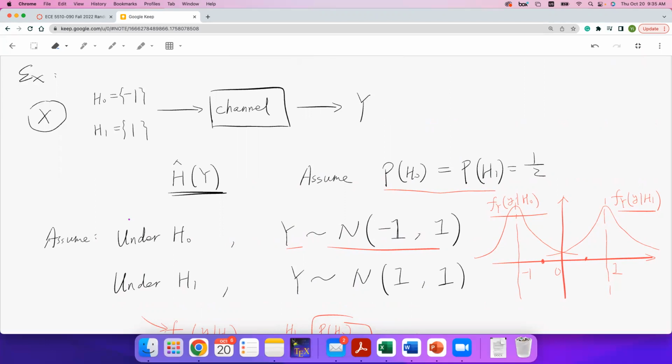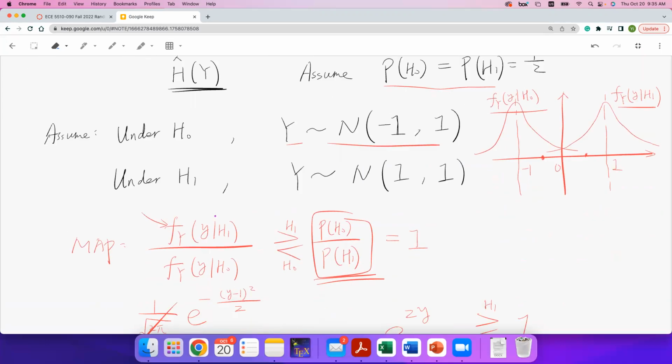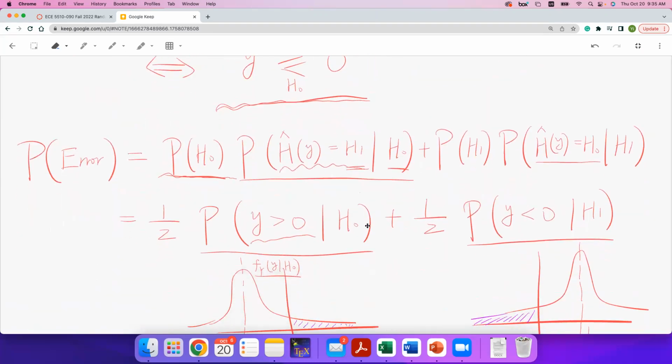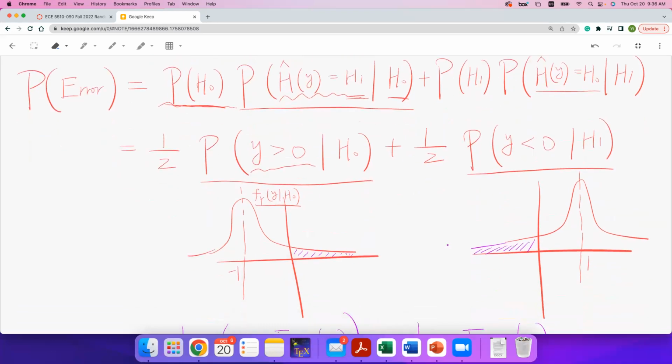Okay. You will see similar problems in the homework. So you just follow these standard steps. First, derive the MAP rule. And then follow these steps to calculate the probability of error. Okay. Make sure you don't make mistakes. If you go over these terms one by one, they have different distributions, and we are conditioning on different hypotheses. But once each case is clear, calculating this probability should not be that hard.